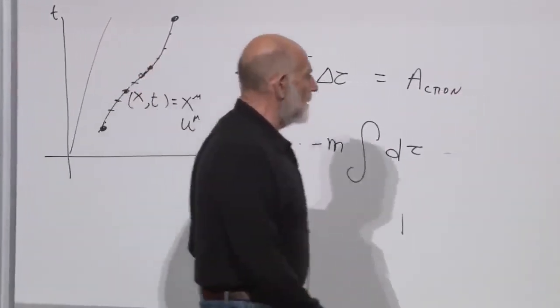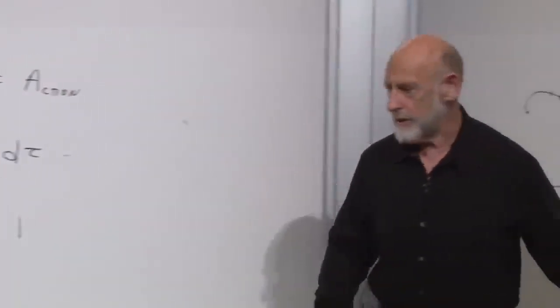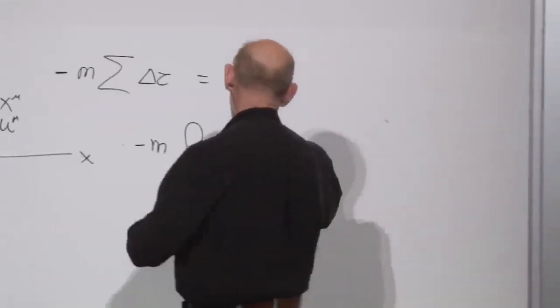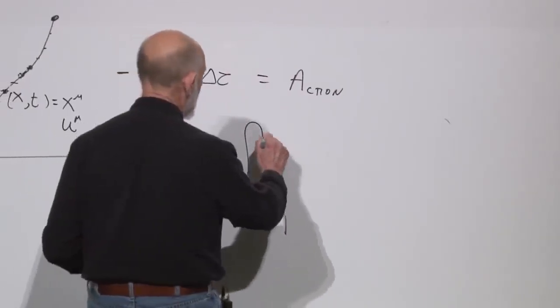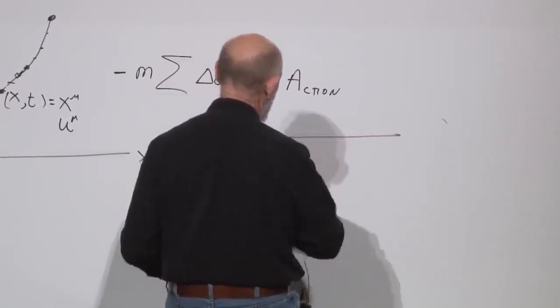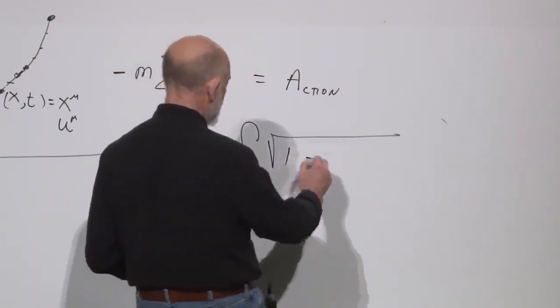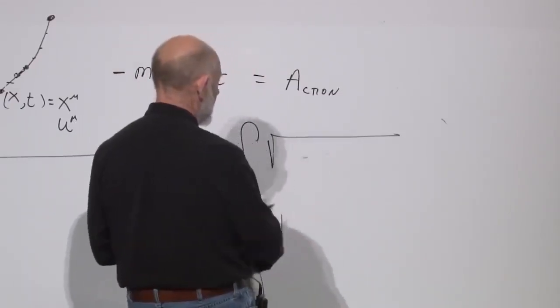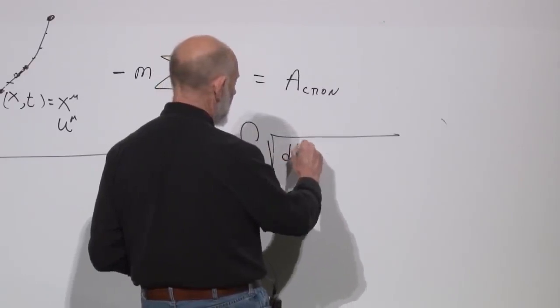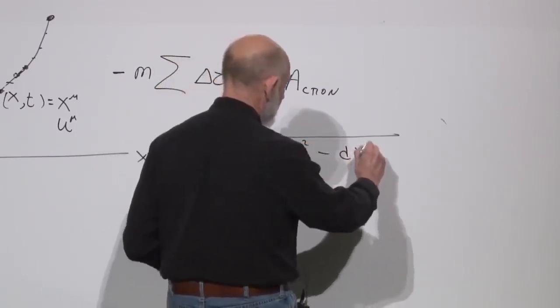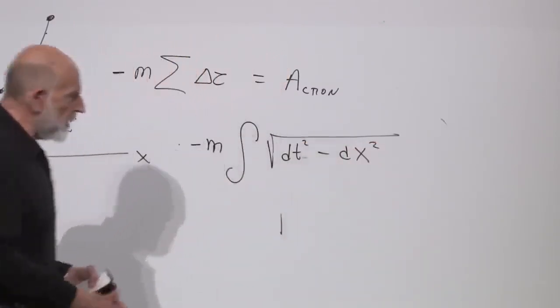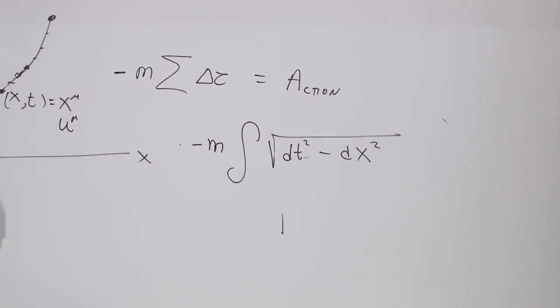And now we can write down a formula. d tau is equal to the square root of dt squared minus dx squared. And dx squared means dx squared plus dy squared plus dz squared.